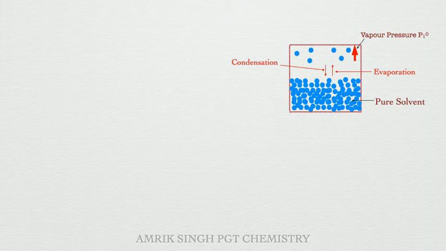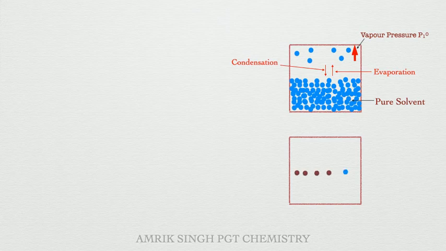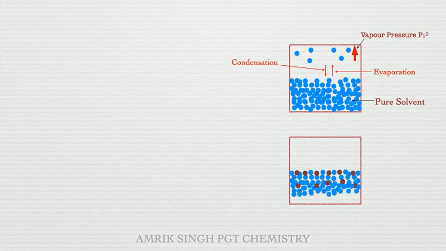At equilibrium, the pressure exerted by the vapors above the liquid surface is called vapor pressure, and vapor pressure is denoted by P naught 1. Now what will happen if we add a non-volatile solute to this solvent, as shown by some brown dots? As we are seeing, that non-volatile solute, it may be NaCl, also occupies some surface area. Due to this, the number of volatile solvent molecules escaping becomes less.